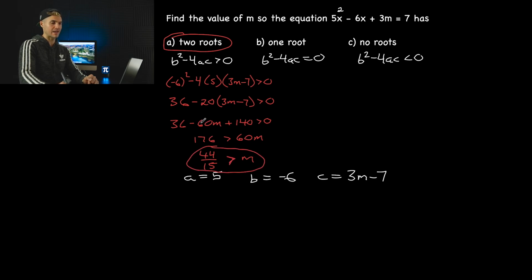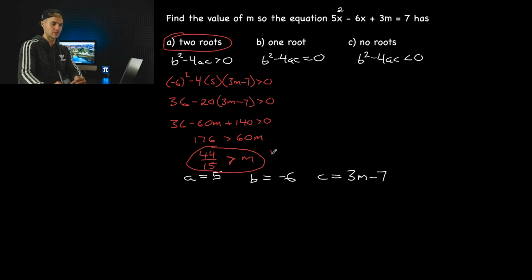We could have also kept the negative 60 here and brought the 36 and the 140 over. But then when you divide by a negative value to get the m by itself, you got to remember to flip the sign. So I like to bring over the expression with the variable where it's going to be positive, where I don't have to worry about that. Right? So basically, for part A, if m is any number less than 44 over 15, right?